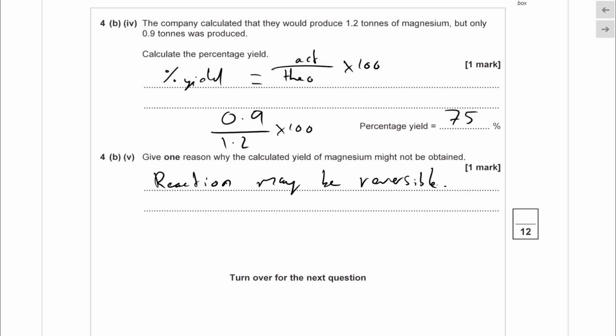And you could say that it's impure, so your magnesium oxide or your silicon might have been impure, and therefore your masses that you measured at the start aren't actually correct, because impurities would have messed up those results. All right, so there are loads of answers for that one, but that brings us to the end of question 4.